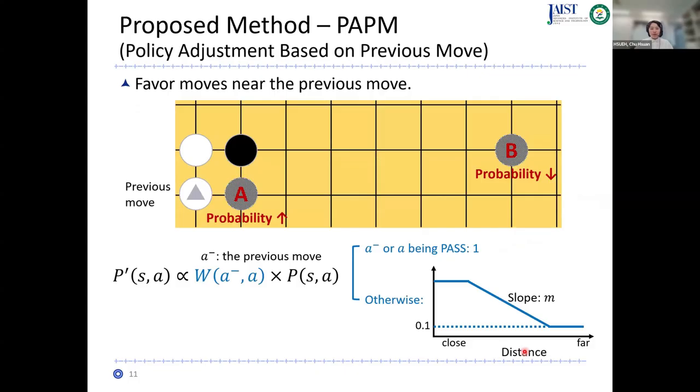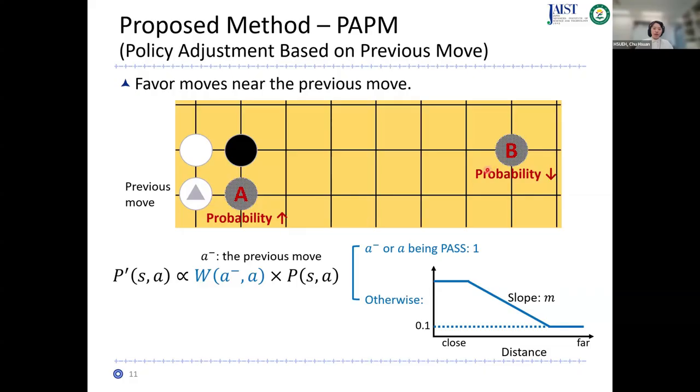And here comes our proposed method, policy adjustment based on previous move, PAPM. We want to let the policy favor moves near the previous move. For example, assume white just played here, and black has some candidate moves. Move A is close to the previous move, so the probability will be increased.